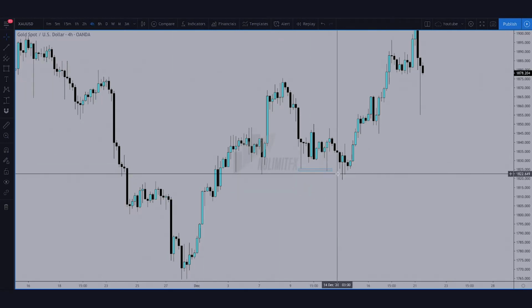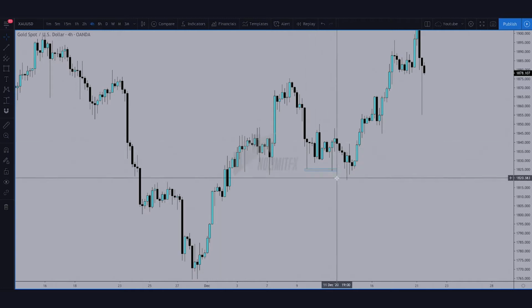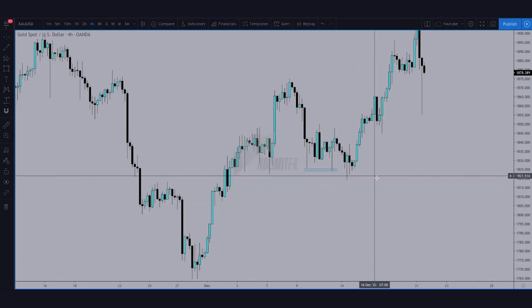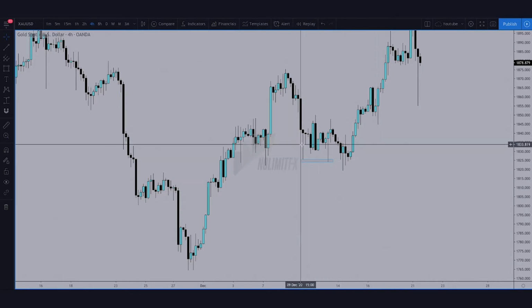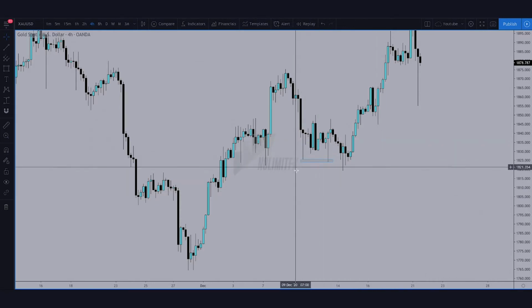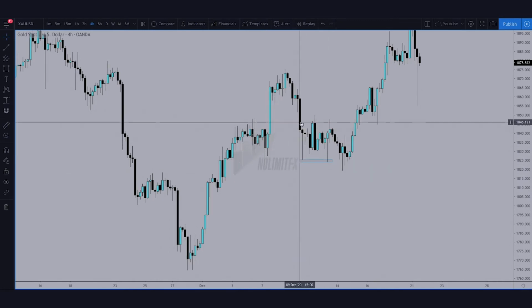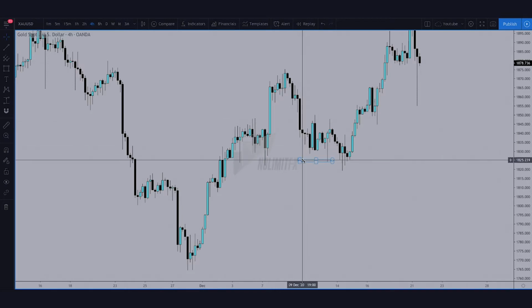So what you're gonna do, you always wait for price to come back to these lows. And okay, it's not always the case that we're gonna take out these lows, but we are just talking about high probability, and I'm just talking about what if price does take out these lows.